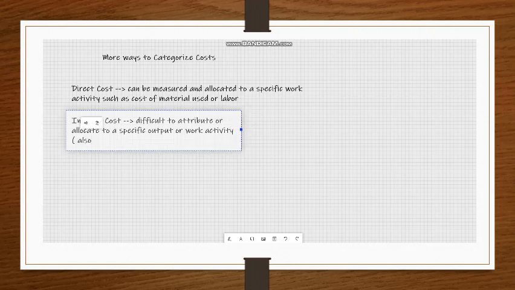It is also called overhead or burden, which is hidden cost.